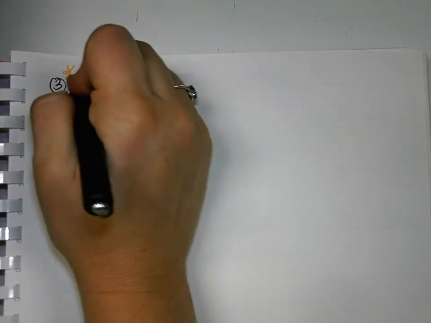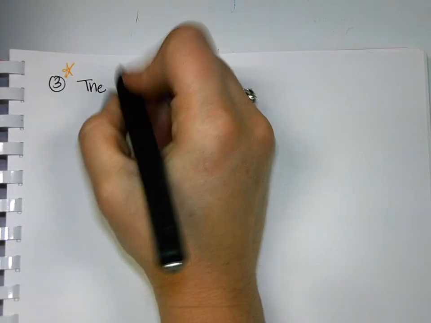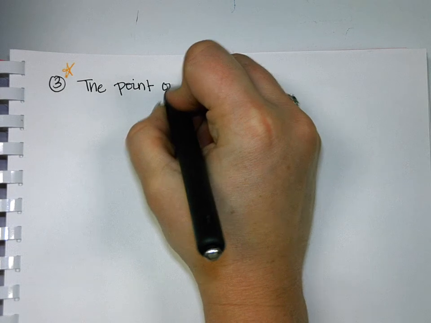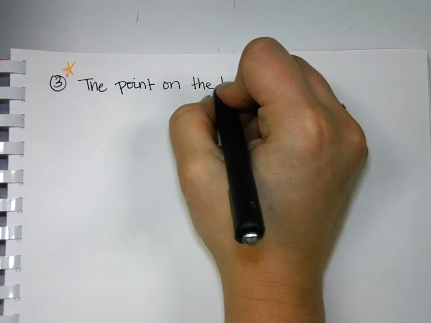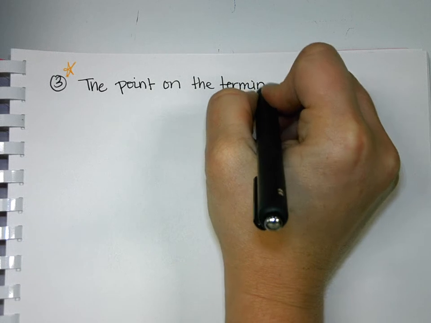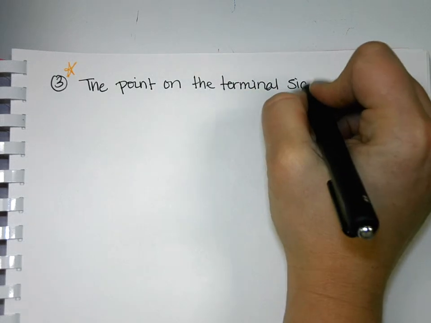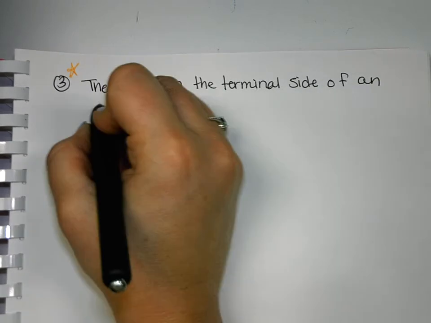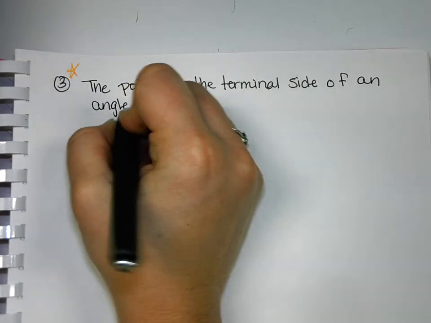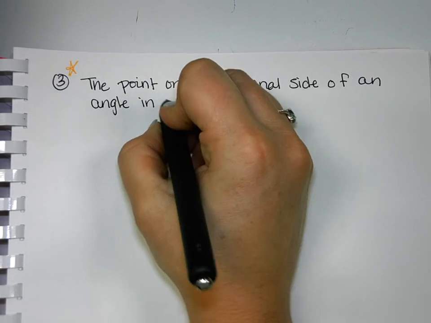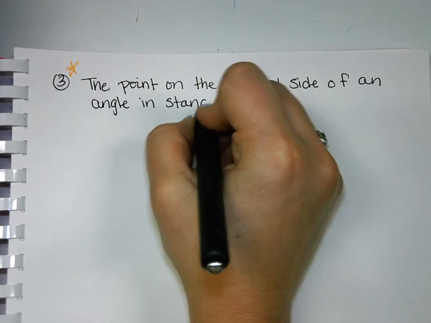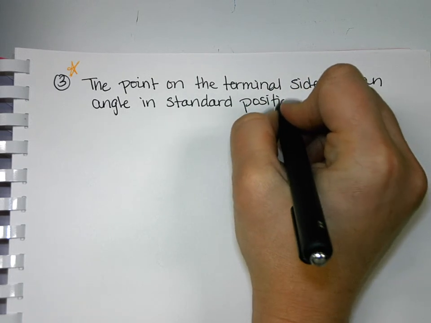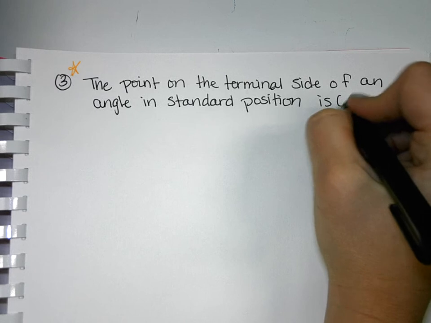And here it's going to give us the point on the terminal side of an angle in standard position is -3, 4.